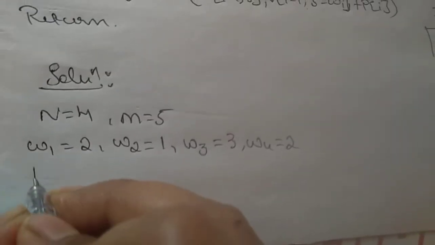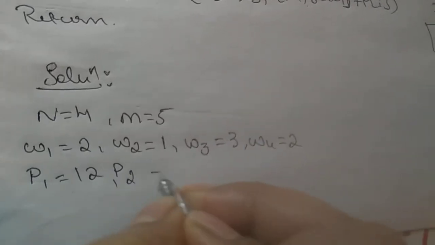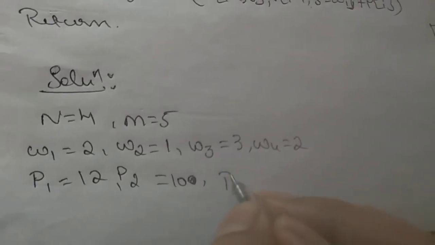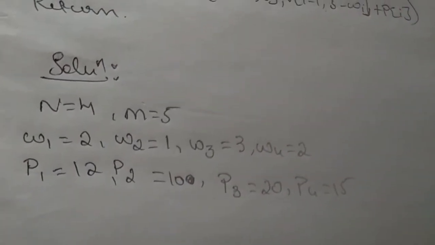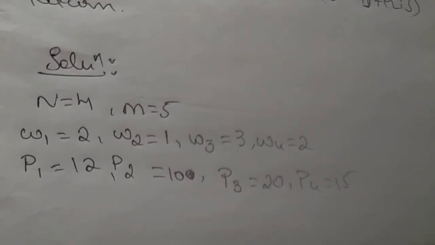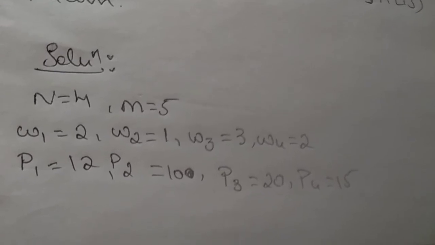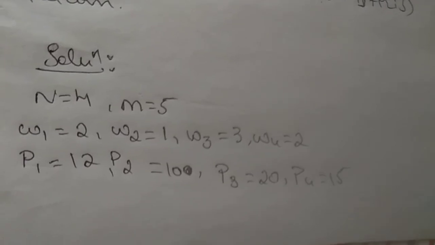Then profits, that is nothing but the values they have given: P1 equals 12, P2 equals 10, sorry, P3 equals 20, then P4 equals 15. And always remember, in the 0/1 knapsack problem, we always store the values in matrix format.